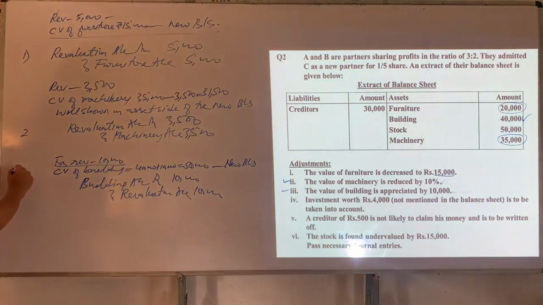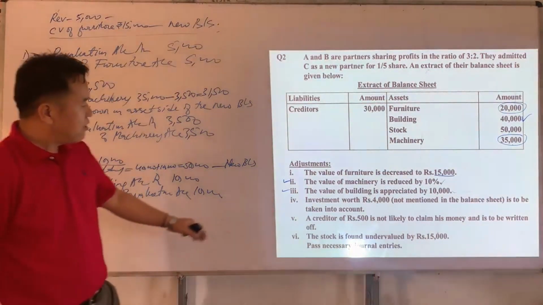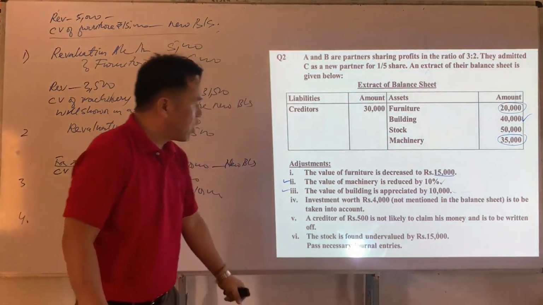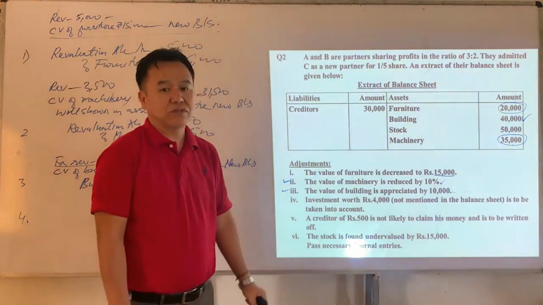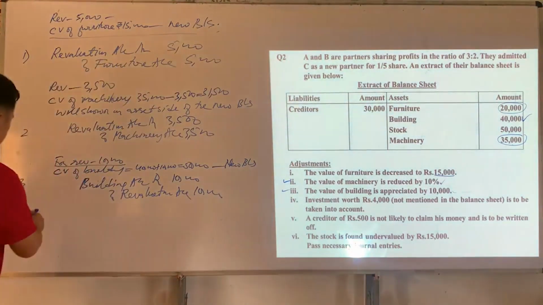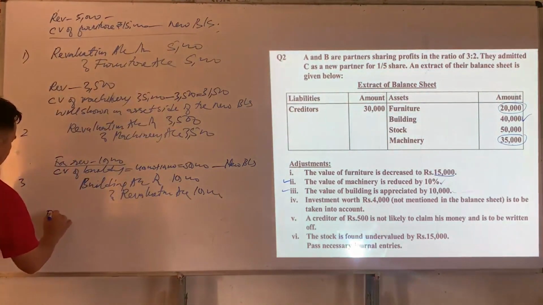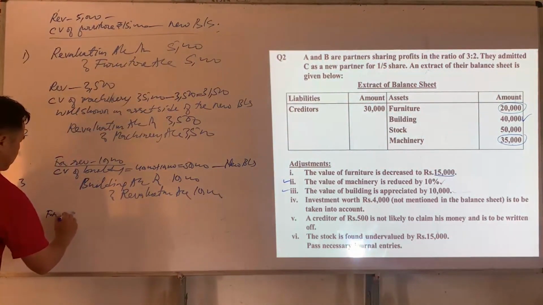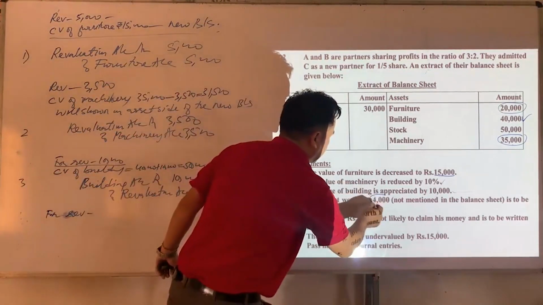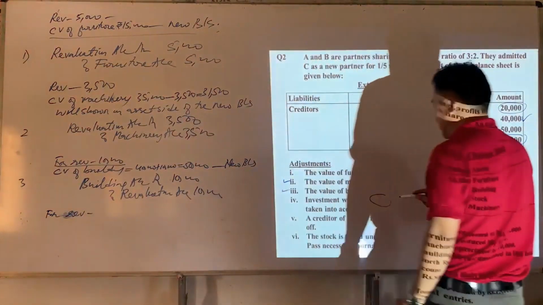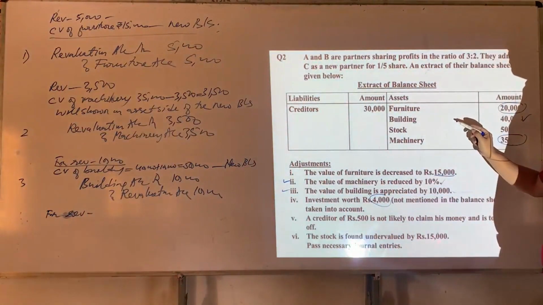Okay. Now we'll do the fourth adjustment. Investment worth rupees 4,000 not mentioned in the balance sheet is to be taken into account. So here for revaluation, the difference amount is 4,000 itself, since there is no investment in the balance sheet.